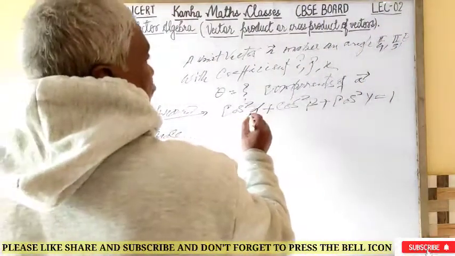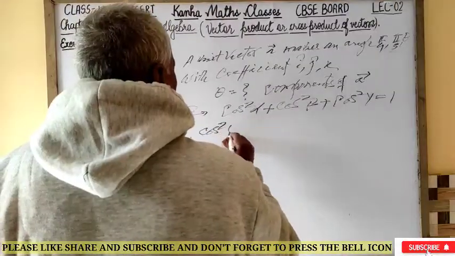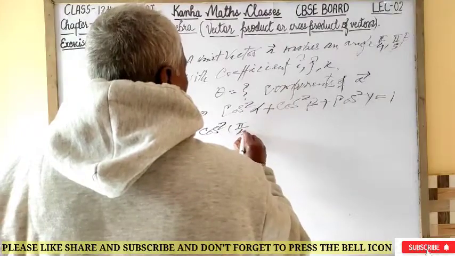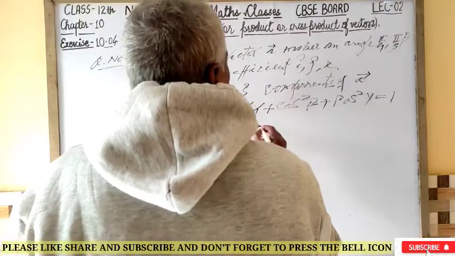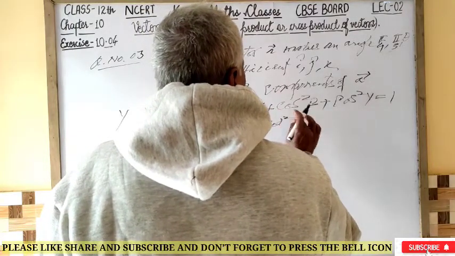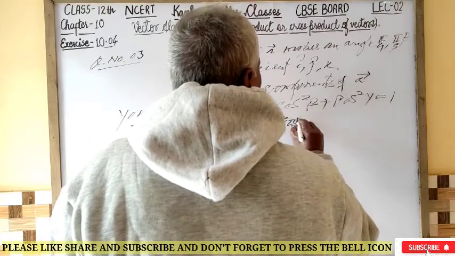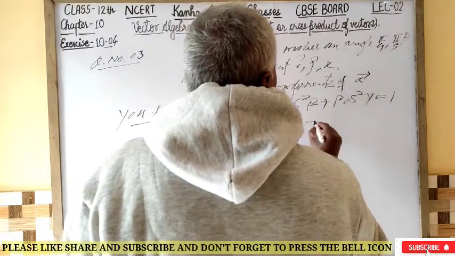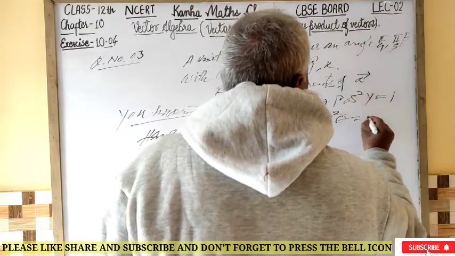Hence cos square alpha means cos square pi by 4, plus cos square beta means pi by 3, and cos square theta is equal to 1.